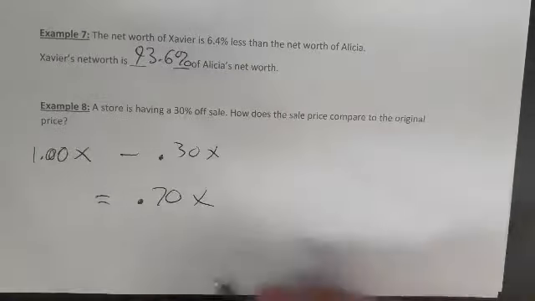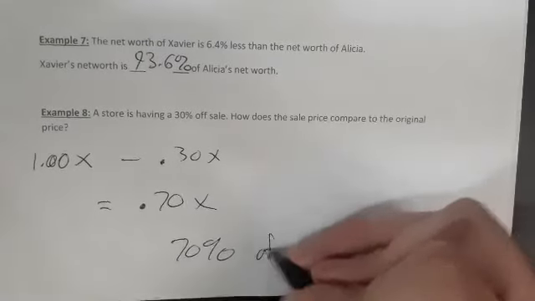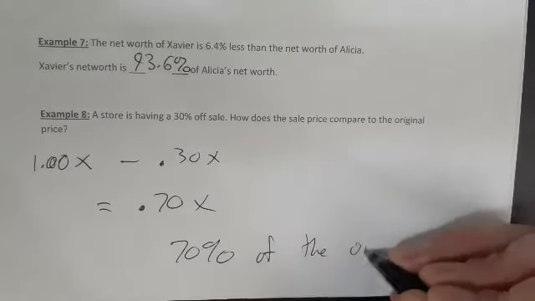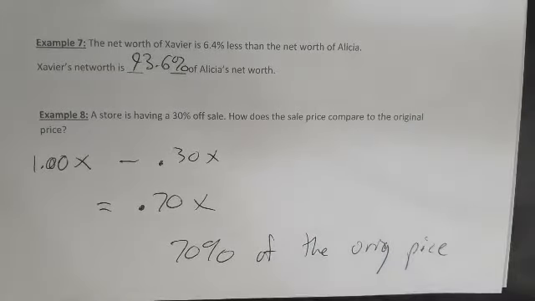So 100 minus 30 will give you 70% of the original price. So if it's a 30% sale, you're paying 70% of that object.